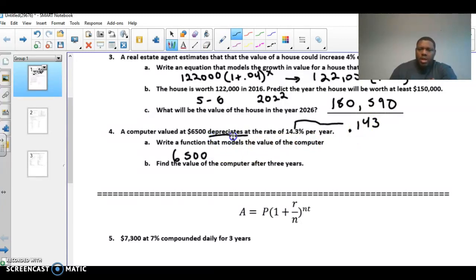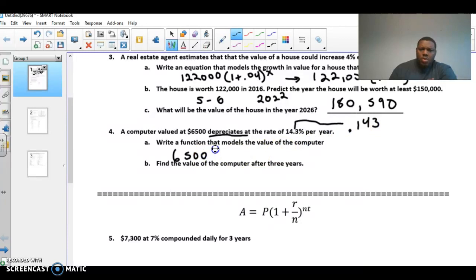When it is a decay, remember, it must be less than 1. So we don't add 1 to this, guys. We need to subtract that number, 0.143, from 1.